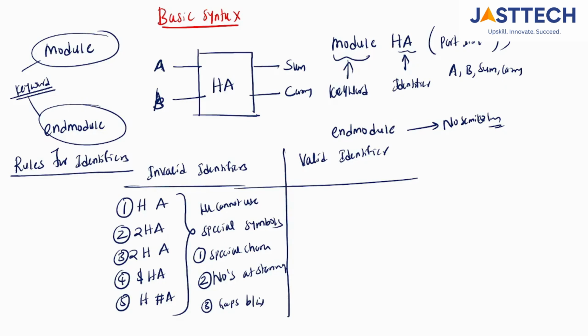Suppose underscore, it will take. Suppose a 2 cross 1 mux is there, I want to give the identifier name. I can give underscore 2 cross 1 mux. I can give like this, the compiler will take.